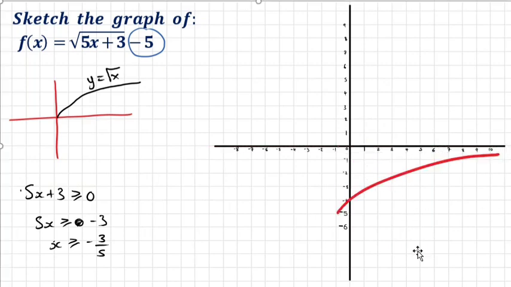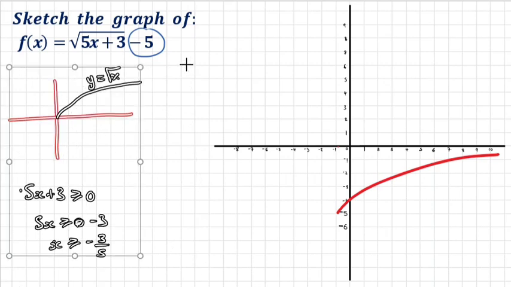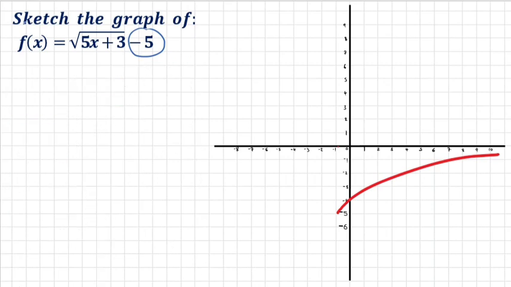Now, where does it cut the y-axis? To find out where it cuts the y-axis, we can simply say if x is 0, what is y? So y will be equal to the root of 5 times 0 plus 3, minus 5. So y is equal to the root of 3 minus 5.